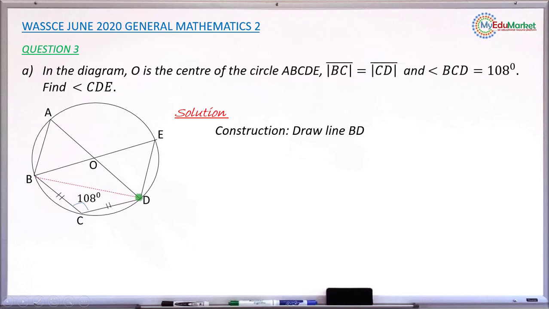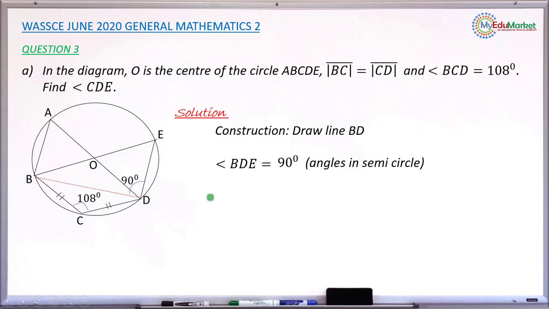Going back to the drawing, this angle BDE: as line BE is a diameter because it passes through the center of the circle, this angle BDE will be 90 degrees because it is an angle in a semicircle. So BDE is 90 degrees, and my simple reason is that it is an angle in a semicircle.